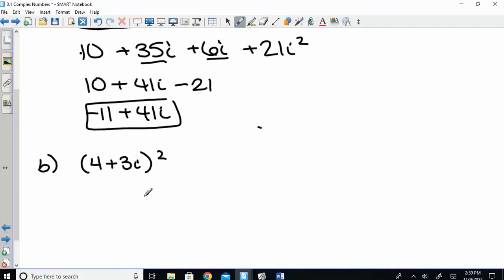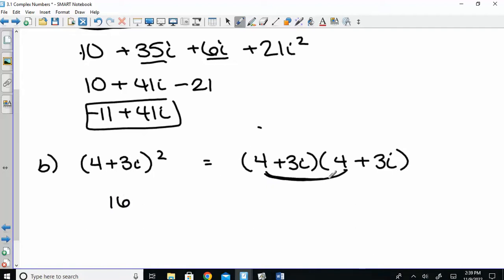You're FOILing, except it's easier, because you just do the first two and the last two. Actually, we have to go ahead and just write it twice in FOIL here.